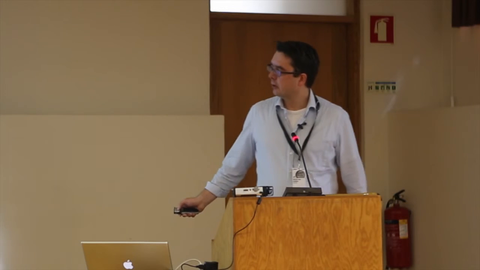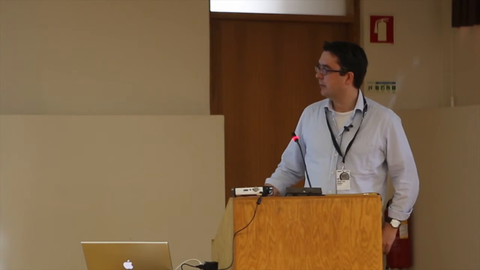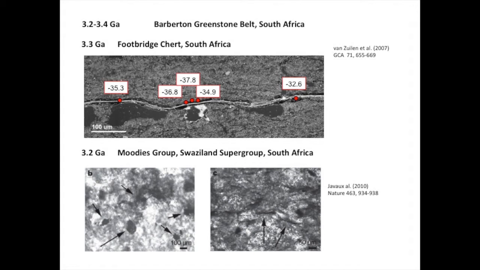So much better are studies like this. This is Javot et al., who studied slightly younger rocks in the Moody's group. This is a picture top down in the sediment. This is a picture front on the sedimentation, the layering of the sediments basically. And what you see here are these kind of organic structures that when you see them face on are completely flattened.